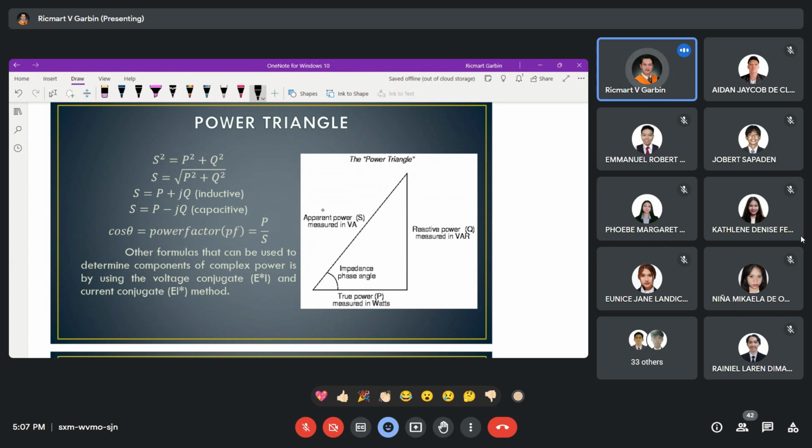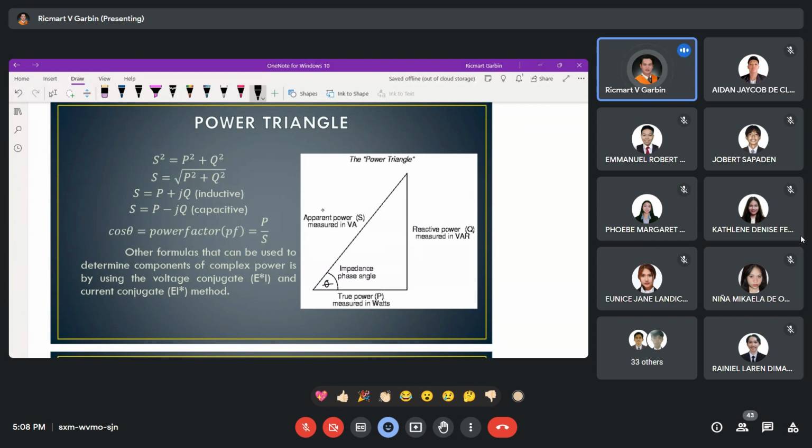Tapos yung ating y-axis represents the reactive power or the Q measured in var. And the hypotenuse of the triangle represents our apparent power or yung ating volt ampere. Then ito po yung ating impedance phase angle, which is yung atin pa rin theta. So, kapag kinuha natin yan, itong formula na are is by using the Pythagorean theorem.